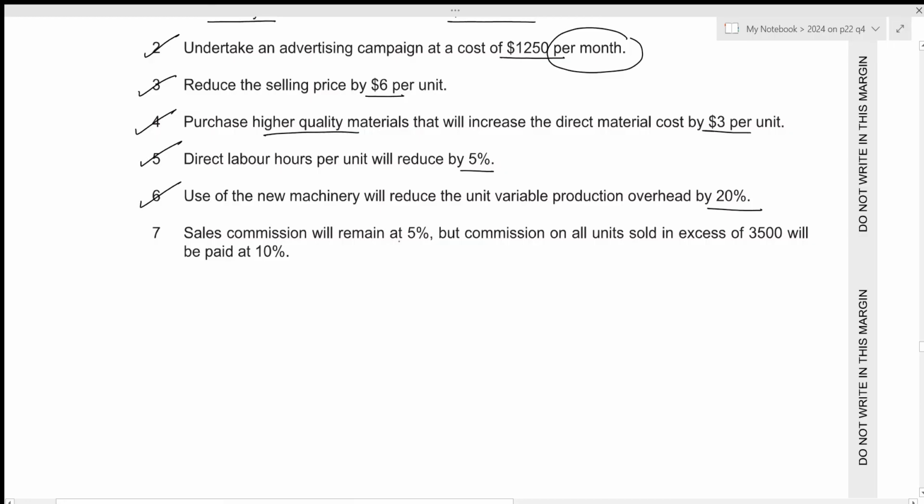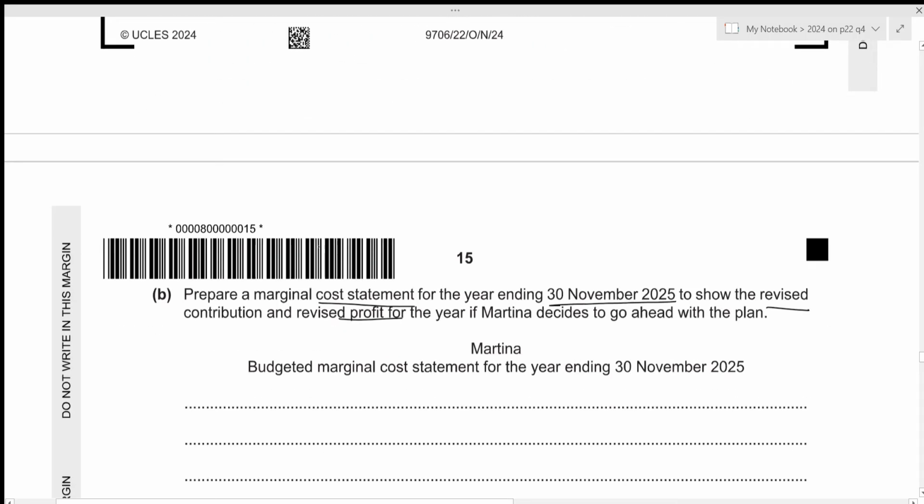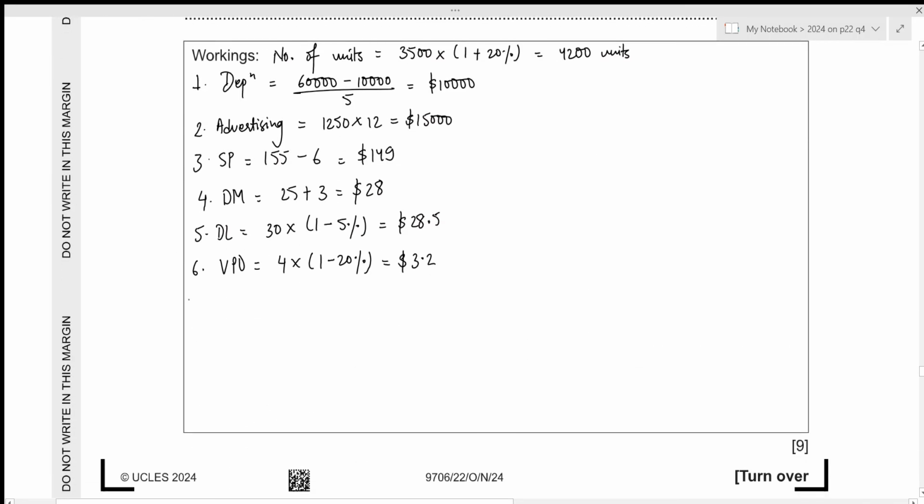Then sales commission will remain at 5%, but commission on all units sold in excess of 3,500 will be paid at 10%. Okay, this is a bit tricky. So for sales commission, for 3,500 units, it will be at the rate of 5% of the selling price, which is 149.